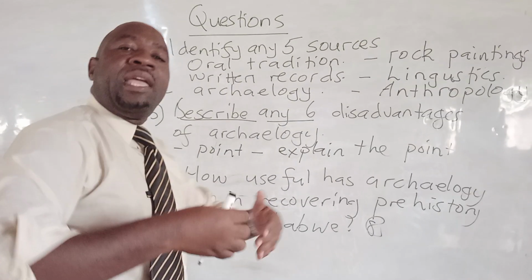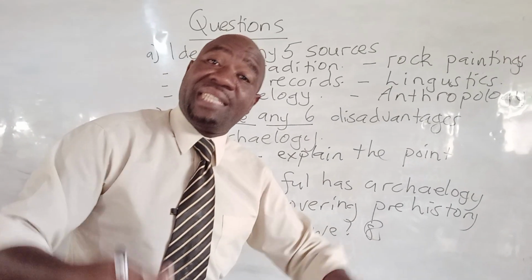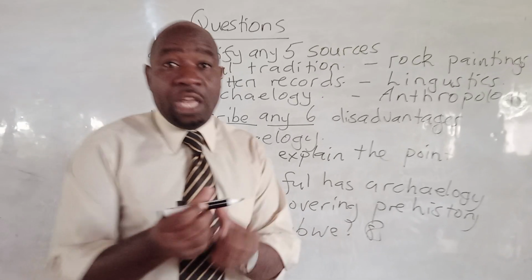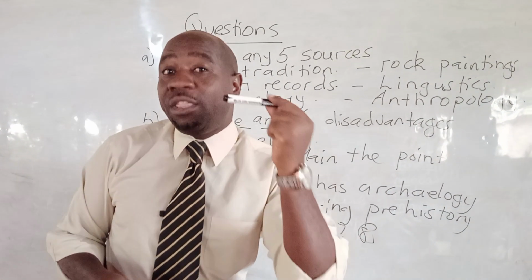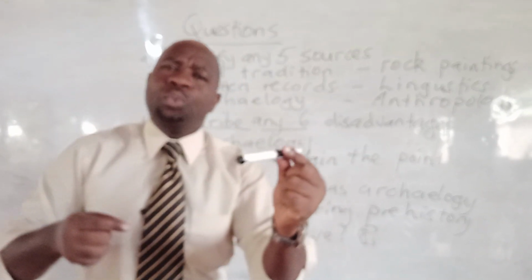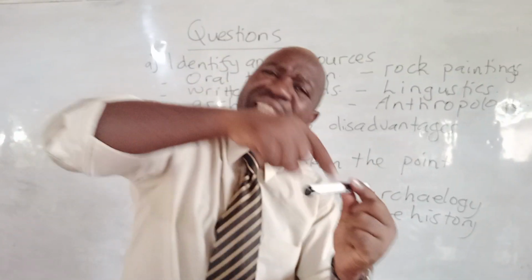For example, archaeology has got a weakness in that it does not give us the names of people. Yes, we know that this bone is an artifact, a relic that was used by those who survived long ago, but we don't know the person who ate the bone, the person who ate the meat.